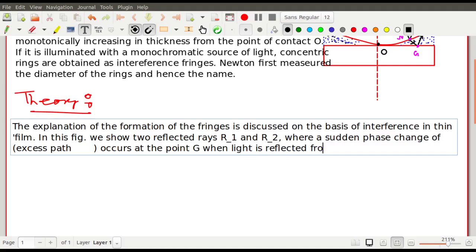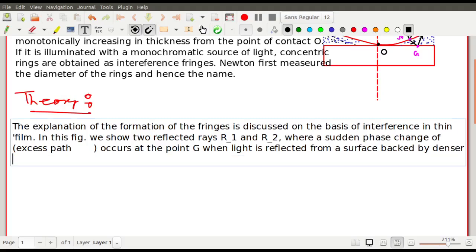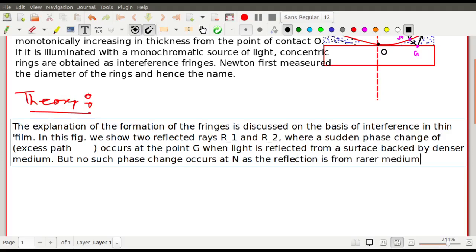from a surface. When light is reflected from a surface backed by a denser medium, such a phase change occurs, but no such phase change occurs at capital N, as the reflection is from the rarer medium.